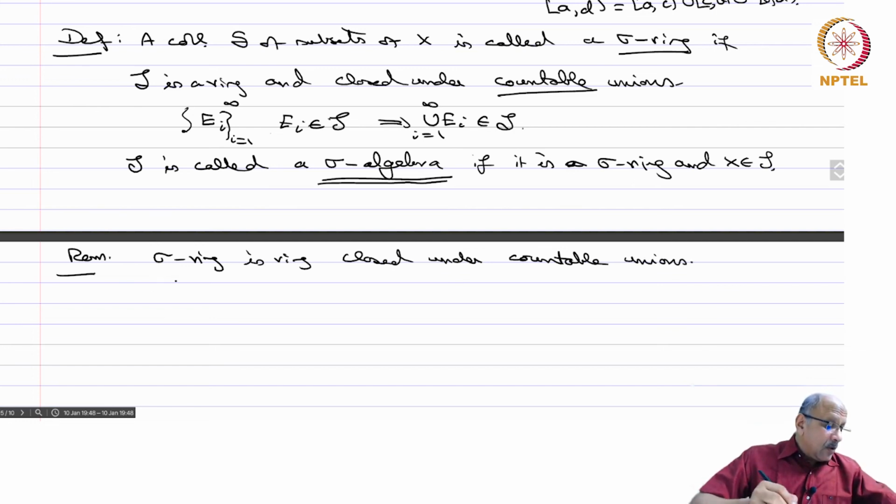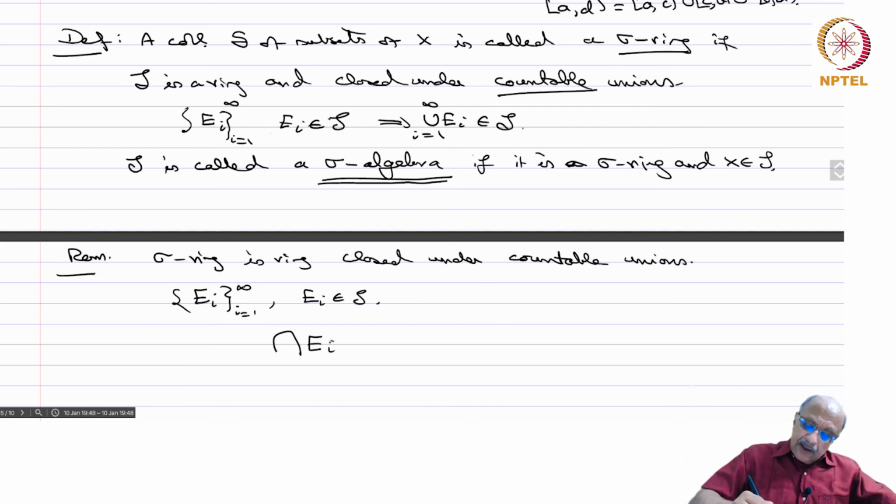Okay. Now, if E_i is a countable collection, what is the intersection of E_i, i equals 1 to infinity?